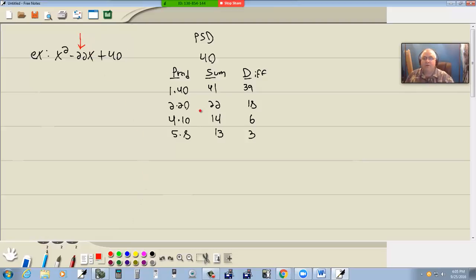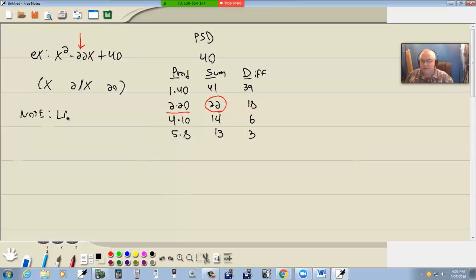Now we're looking for the number in the middle term, which is 22, which is right here, which means we're going to use 2 and 20 in our answer. Now we have a note that'll help us determine our signs.